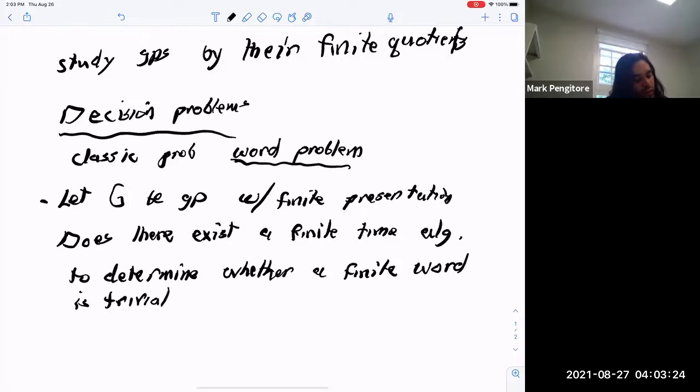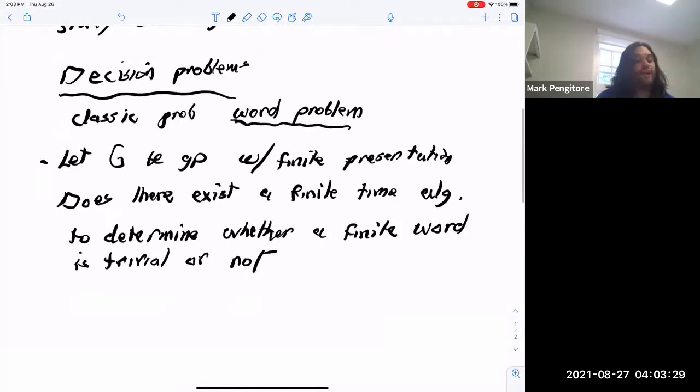So this is known as the word problem. And this is a well-studied subject in group theory, with connections to logic and stuff like that.